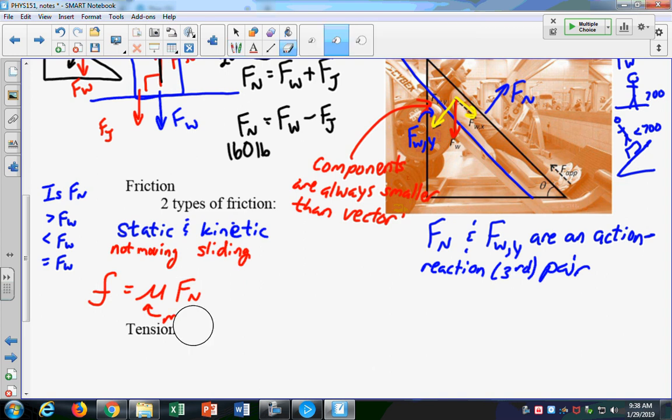It looks like a U, or maybe it looks like an M, but it's really a U with a little tail on the side. Those are the Greek letter mu. So a couple of things I want you to notice is that it is dependent upon two things. One of them is the normal force.